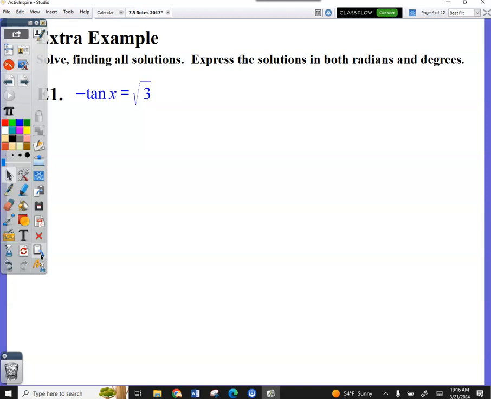Extra example: solve, finding all solutions, express the solutions in radians and degrees. Okay, so let's take a few notes here because this is different than the last one, where it says all solutions. When they say all solutions, it means there's no restrictions.